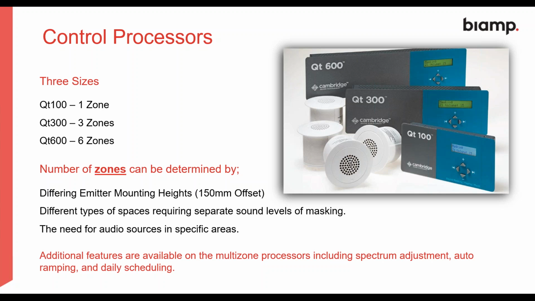All these emitters have 2 runs per zone, and the difference between the 100, the 300 and 600 is mainly that the 100 cannot have any scheduling or equalization. However, for the purpose of design, all 3 are the same. Another footnote with the 100 is you cannot use the active emitter with the QT100.